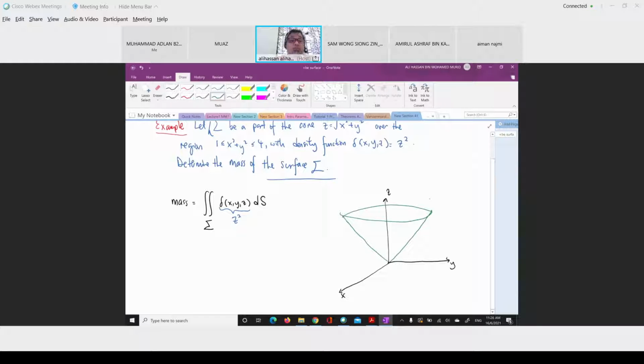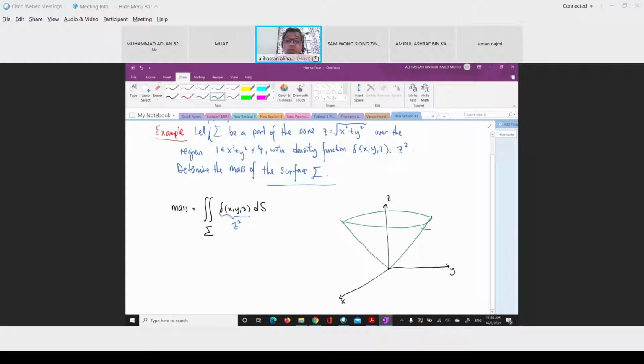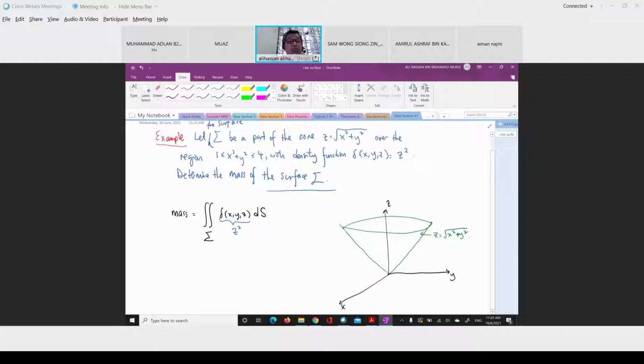It is z equal to the square root of x squared plus y squared. But this is an infinite cone, unbounded. Here it is restricted to x squared plus y squared greater than or equal to 1 and less than or equal to 4.